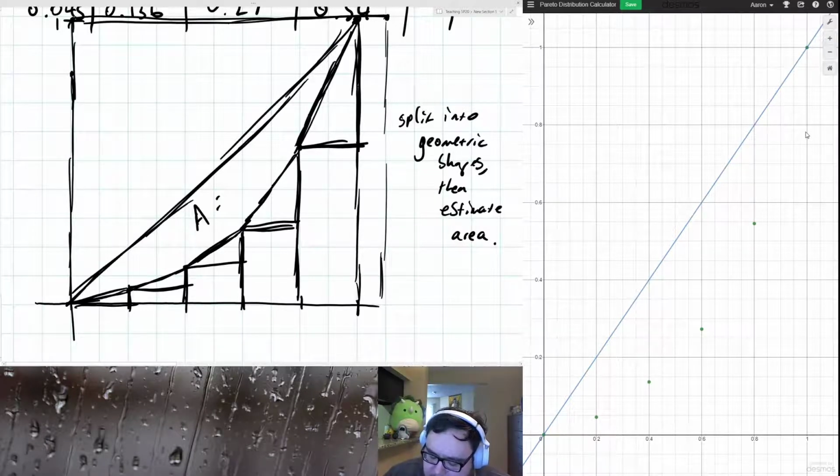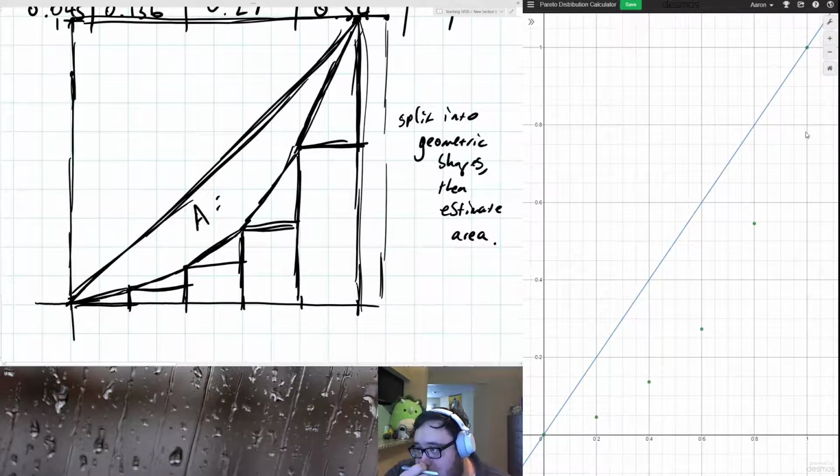In order to estimate the area in the middle here, we're going to have to take the area of the triangle, which is the area under the line of total inequality, and then subtract the area underneath our Gini curve here. Okay. And the area underneath this curve is what we're estimating using these geometric shapes.